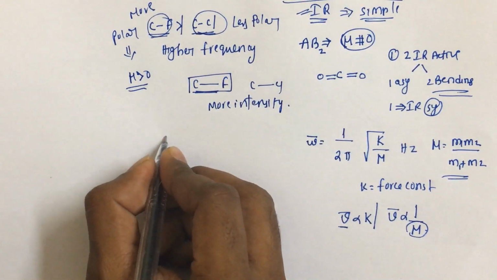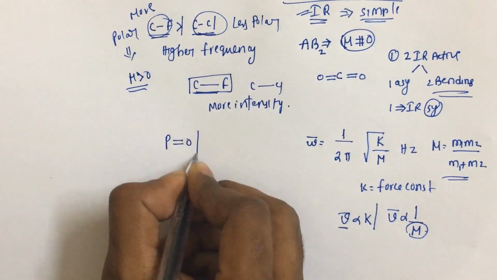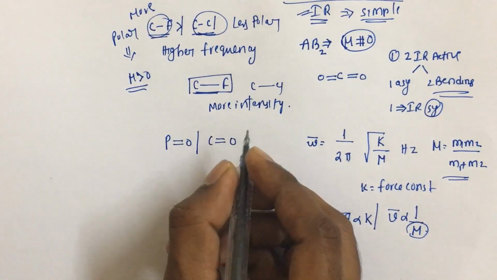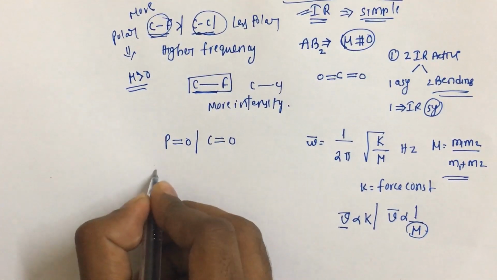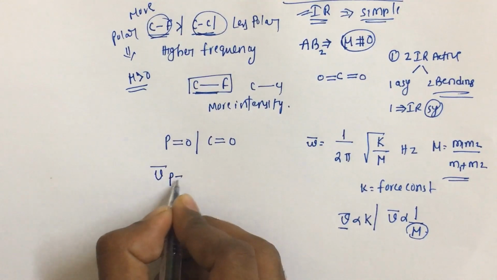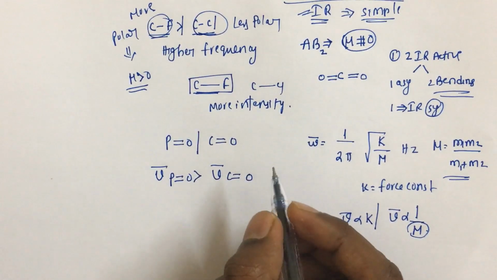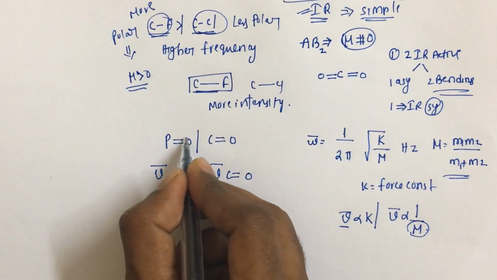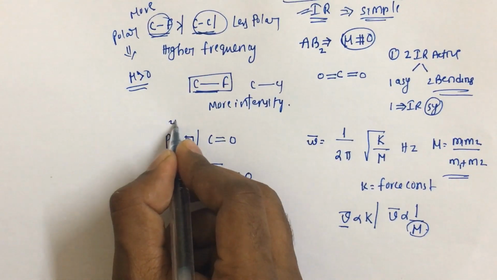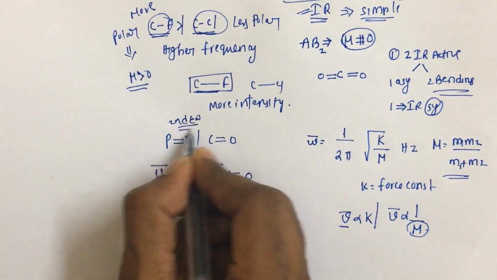And we have two bonds, PO and CO. Which one will have a higher frequency? Obviously the frequency of PO is greater than the frequency of CO, because oxygen is the second most electronegative atom in the periodic table.